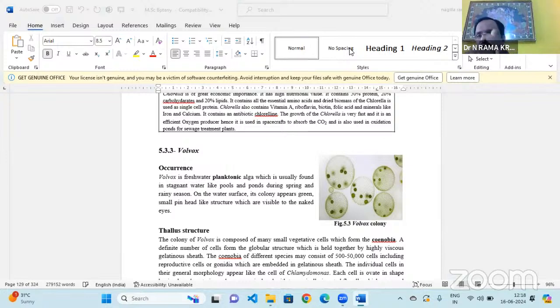Rhizoplast means a little hair-like structure. It is also connected to the peridosome.